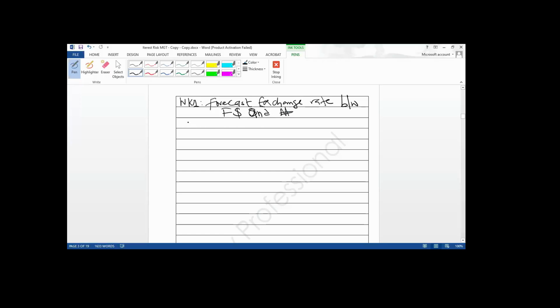Examiner says currently $F 1.60 is equal to 1 Naira.